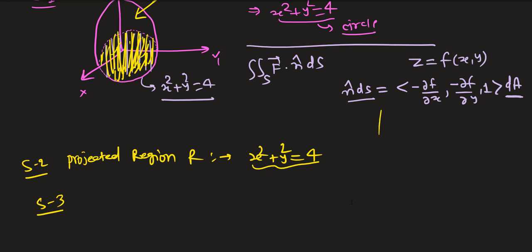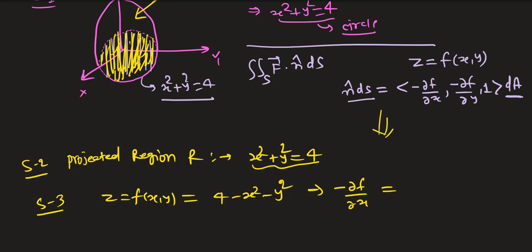Let's first calculate n cap dS. Our f of x, y, that is z, is given by 4 minus x square minus y square, as given in the problem. Now if you find minus del f by del x, you will simply get 2x, and minus del f by del y, you will get 2y.